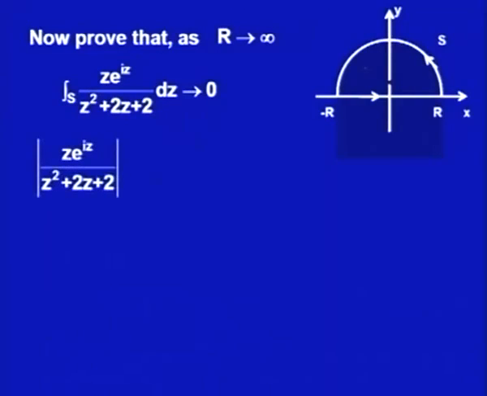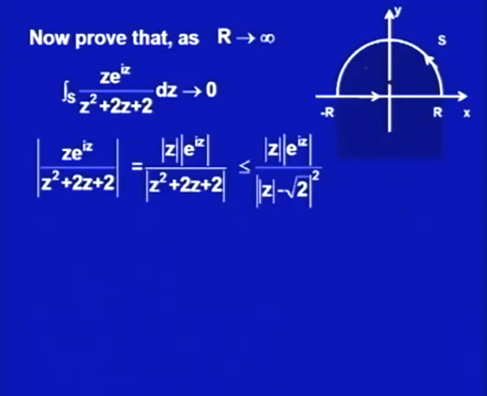If I take this function z e to the power iz upon z squared plus 2z plus 2, we can write its absolute value as mod z into mod of e to the power iz upon mod of z squared plus 2z plus 2. The denominator we can write as z plus 1 plus i and z plus 1 minus i.